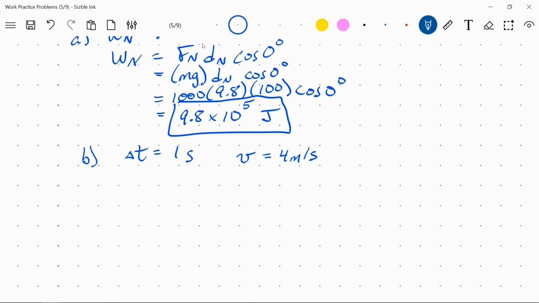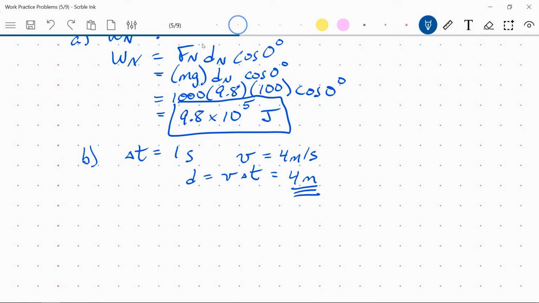So it's pretty clear that the distance that it'll move in that 1 second is equal to v times t, which is equal to 4 meters. That's not the answer to the problem, but that's important though. So if we only consider that amount of lift, I can repeat part A in effect, but only looking at that smaller distance.